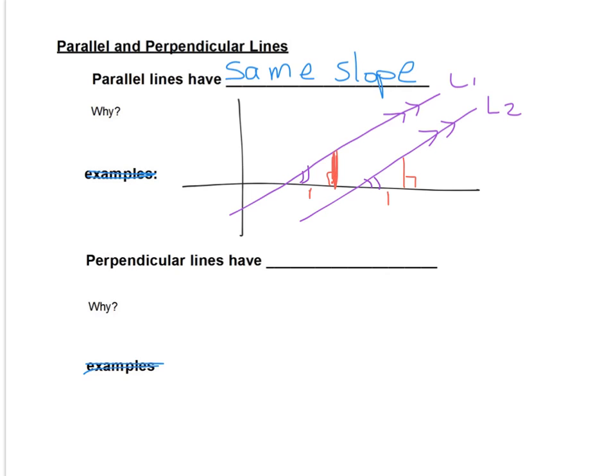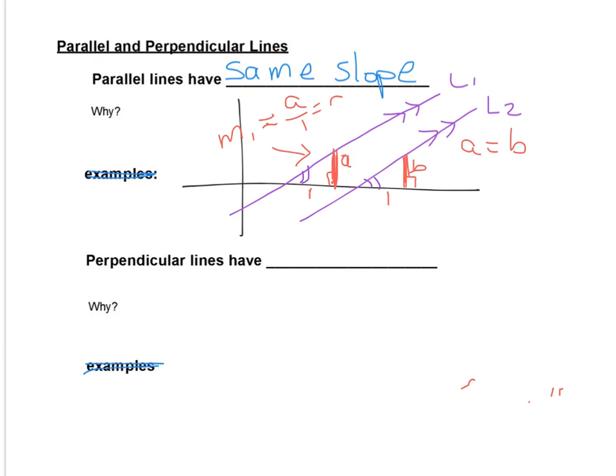So whatever this length is and this length is, the way I drew it, it has to be the same. So I'm going to call them A and B. Now, A equals B. All right, now, I also know that the slope for this line, M1, the slope for line 1, is rise over run.